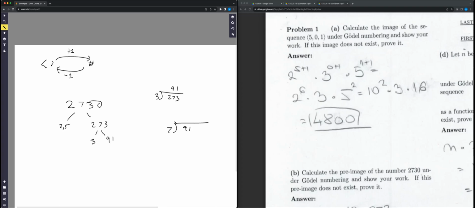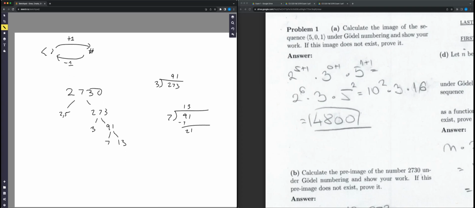Right, we're working up because we don't want to skip anything. So this is 91 minus 70, which gives 21, which is 7 times 3, so we get 13. Okay, so this breaks down to 7 and 13.